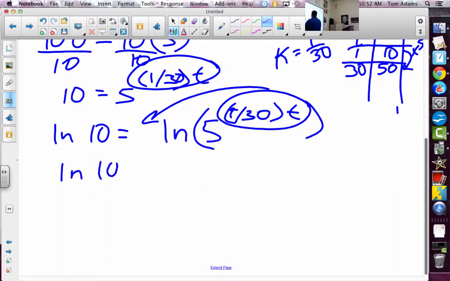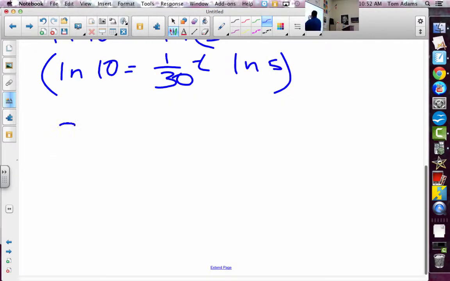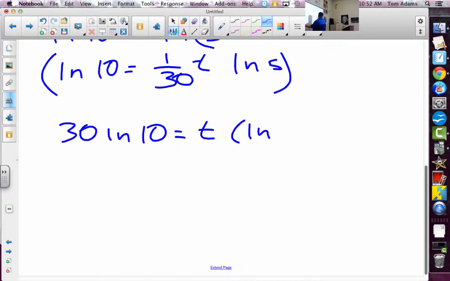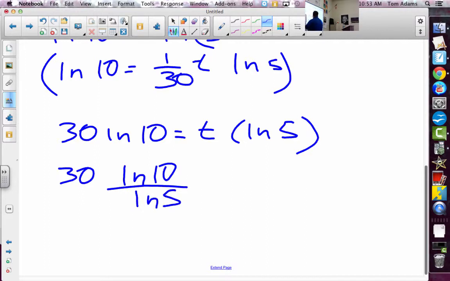So I've got the natural log of 10 is equal to 1 over 30 times t, natural log of 5. And I want to solve for t. So I'm going to multiply everything by 30. I get 30 times the natural log of 10, and that will cancel this 1 over 30, is equal to t times the natural log of 5. I'm going to divide everything by the natural log of 5, and I get 30 times the natural log of 10 all over the natural log of 5 is equal to t.